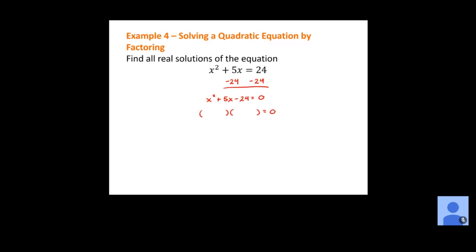Good, right? So we know to get x squared, the only option there is an x times an x. And now we're going to look at what? Good. So if we think about the factors of 24, what are the options?